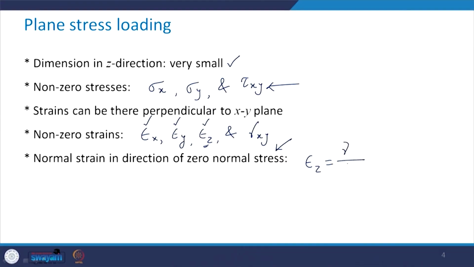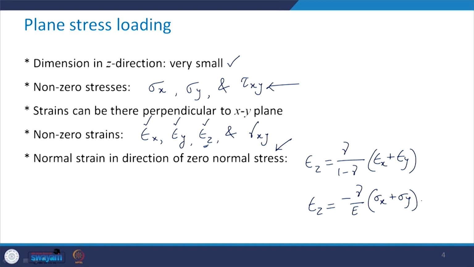So what is the expression for this epsilon z? So we will get epsilon z as minus nu upon 1 minus nu into epsilon x plus epsilon y, or this can also be represented as minus nu upon E into sigma x plus sigma y. So this is how all the components of stresses and strains can be determined in case of the plane stress loading.